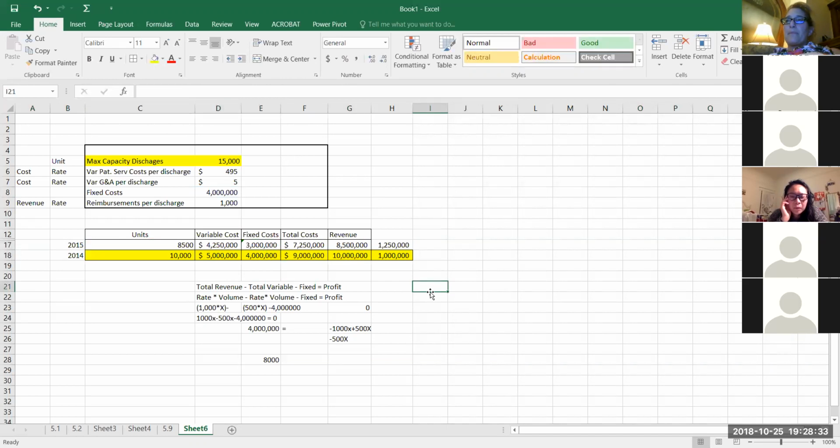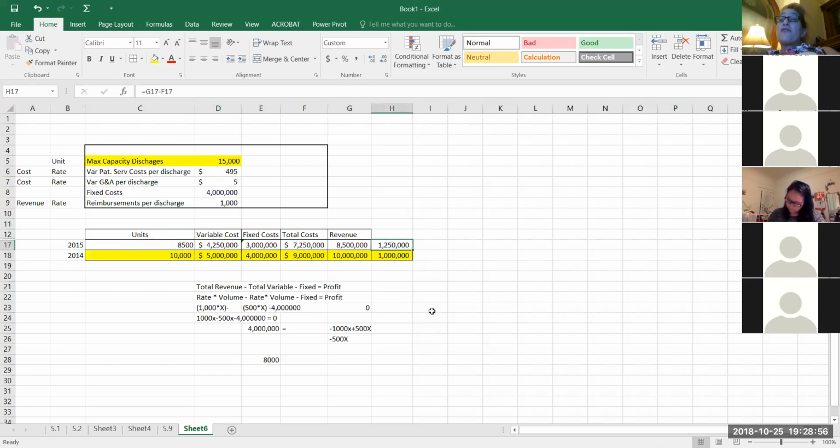Profit increase. That's right. By working hard to reduce your fixed costs, it can have a really big impact on your profit. So even though you lost units, you can still affect other things to impact your profit.